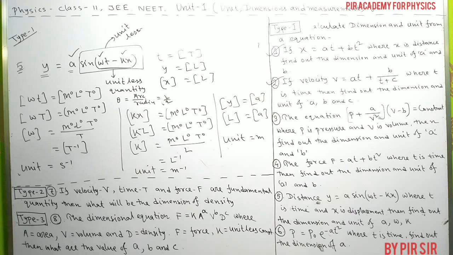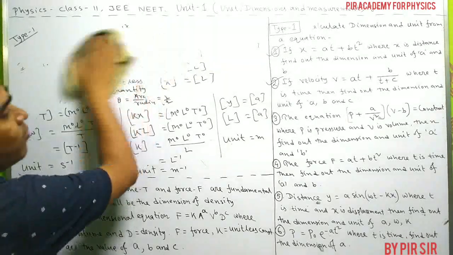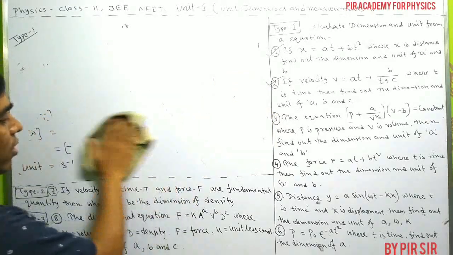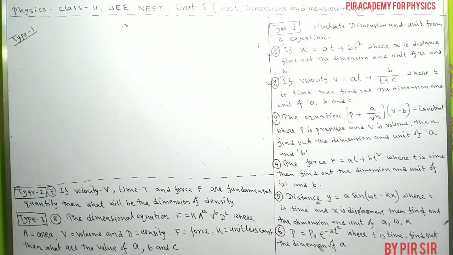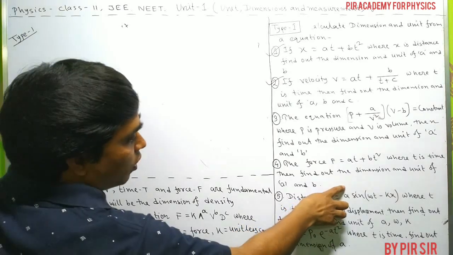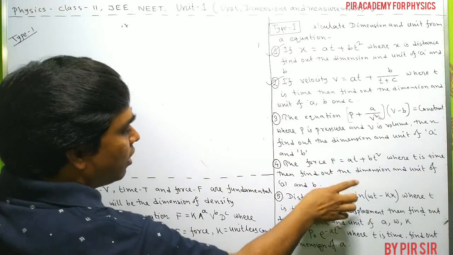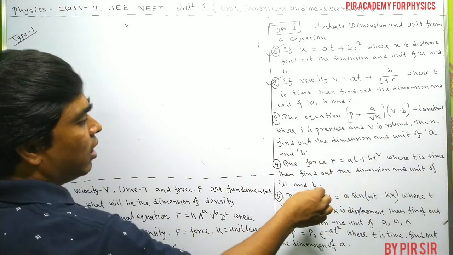Then go to problem number 6. Here is the exponential term. This is a sine function. Similarly, you can calculate the cos function, tan function.